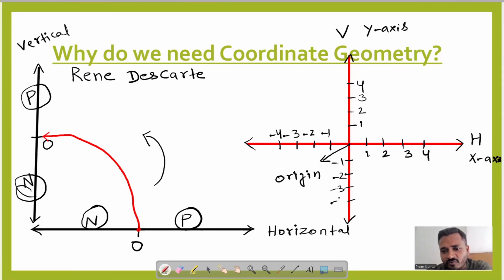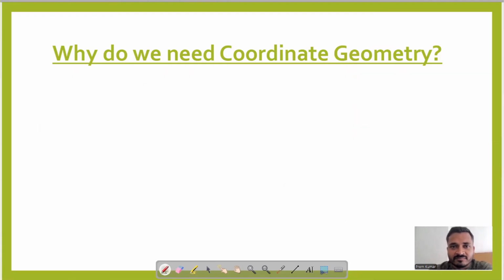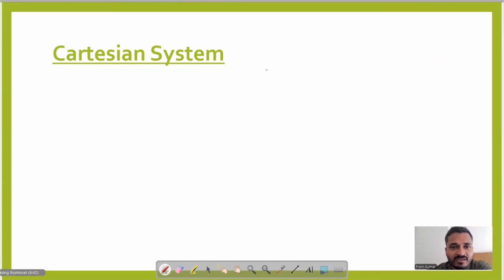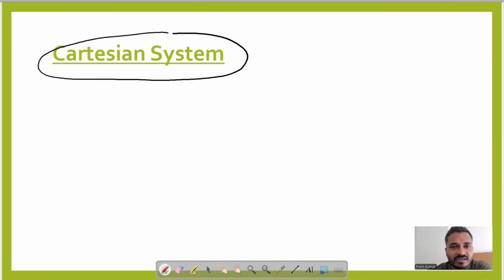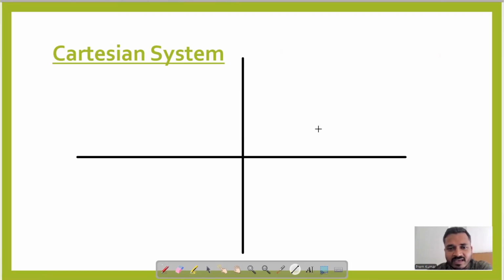Okay. Now we are having two axes, x-axis, y-axis, and 4 planes. First plane, second plane, third plane, fourth plane. So these two axes and 4 planes combined together is called, see here, Cartesian system. So what is Cartesian system? Cartesian system is basically your x-axis, your y-axis, and all 4 planes together. I hope it is clear, right?